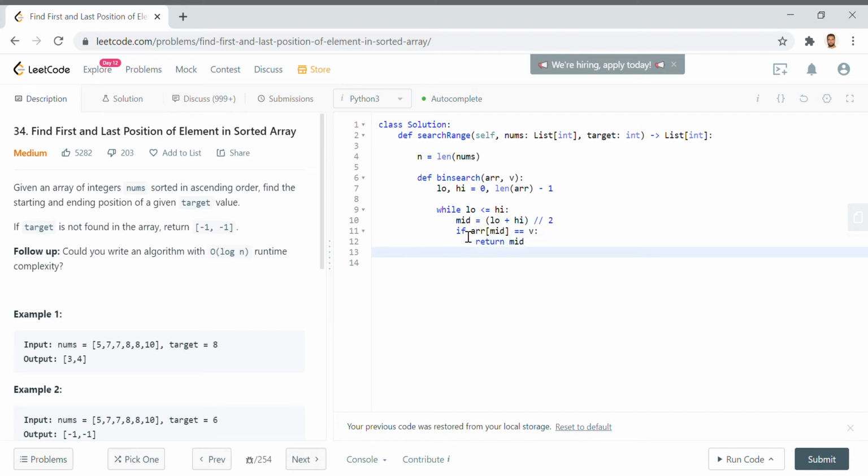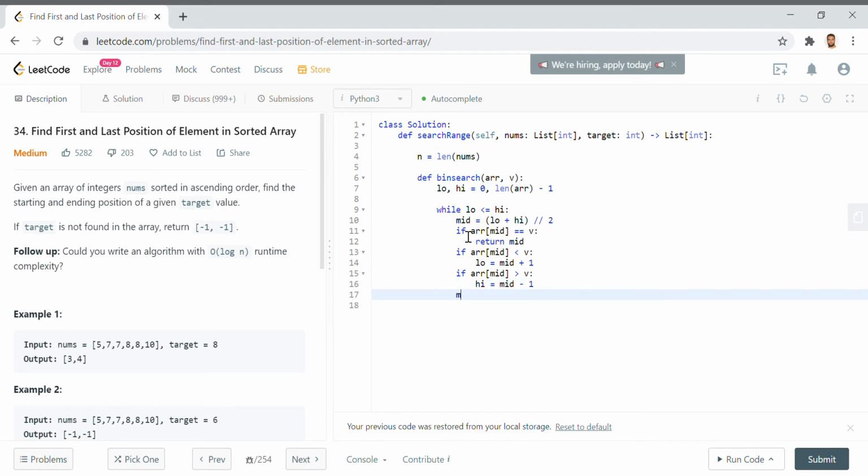And then we'll say if r of mid is less than v, low equals mid plus 1, because we're below our target in the array. And of course if r of mid is greater than v, then high equals mid minus 1.